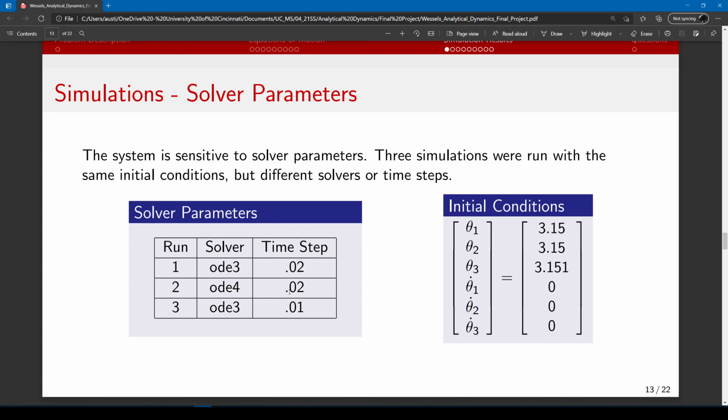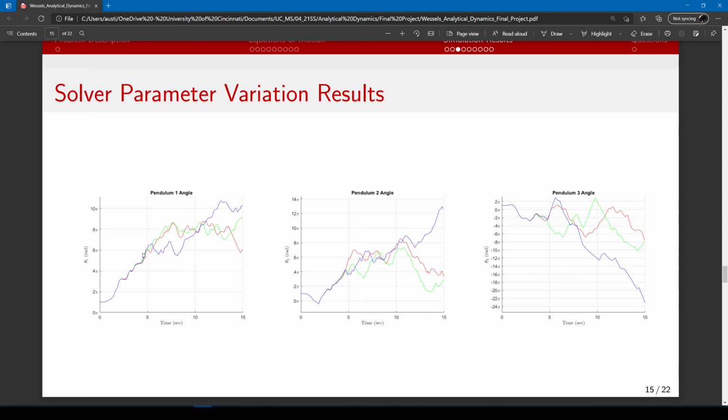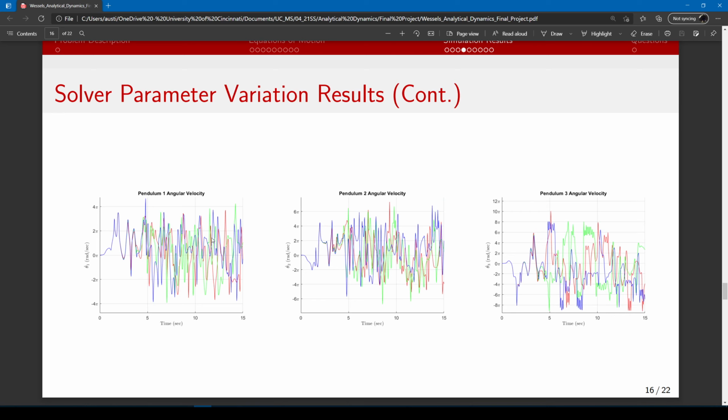It's just the solver or the time step that's different. You can see they diverge around the 3 to 4 second mark, and all the angles are diverging, all the velocities are diverging also, and they're inconsistent.